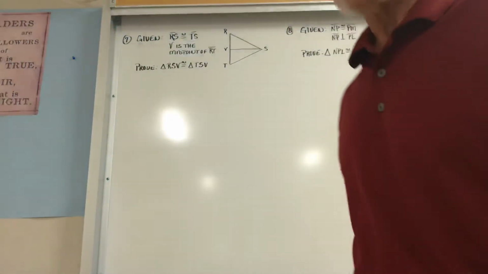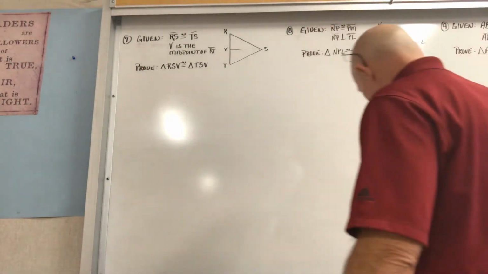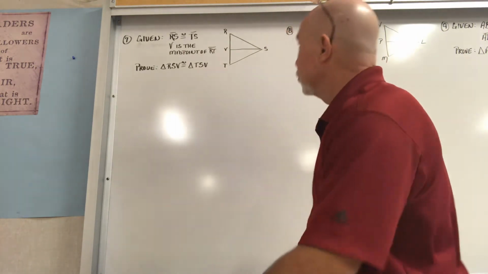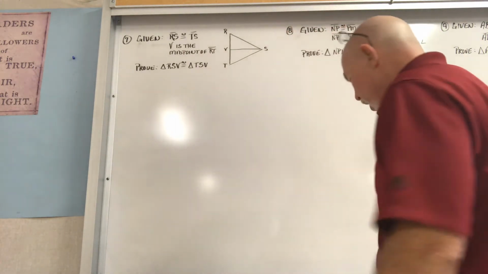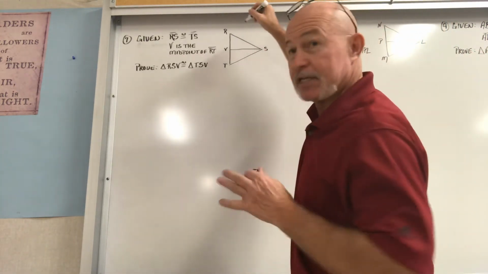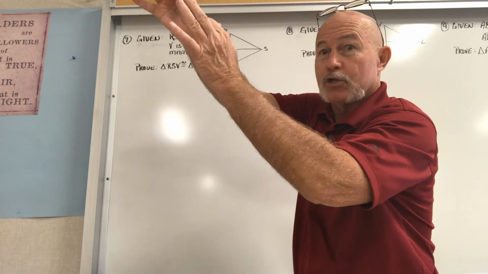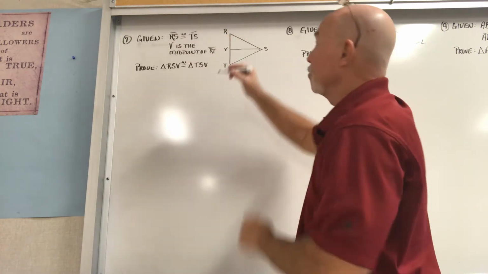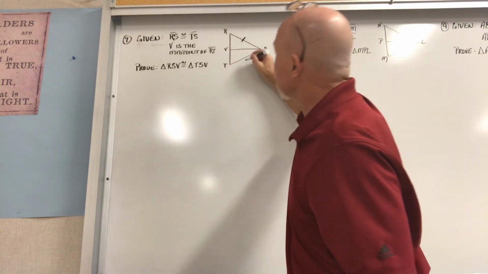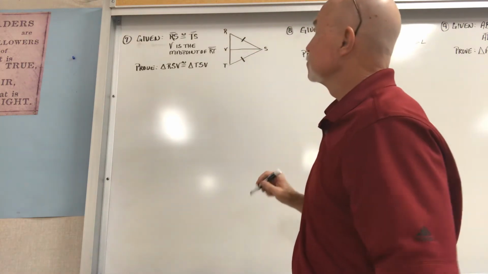Okay. So, proof one. Given RS is congruent to TS. Okay. If it's given, we can mark it. And that's what I like to do right away, because now they start looking like the diagrams once you start marking. RS congruent to TS.